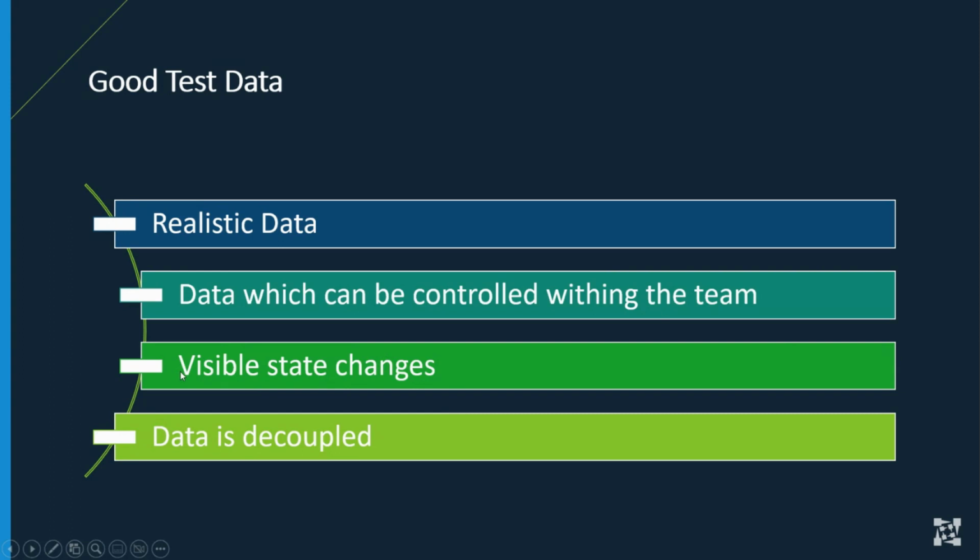Visible state changes. This is another big one. Our applications, we're kind of used to thinking about our tests in terms of inputs and outputs, right? So if your test data is really hard to understand because it only focuses on the inputs and the outputs, and under the hood there's a long running process or a complex orchestrated system of asynchronous calls, backend systems, various other external dependencies, right?